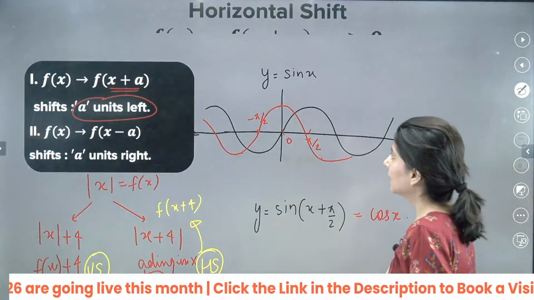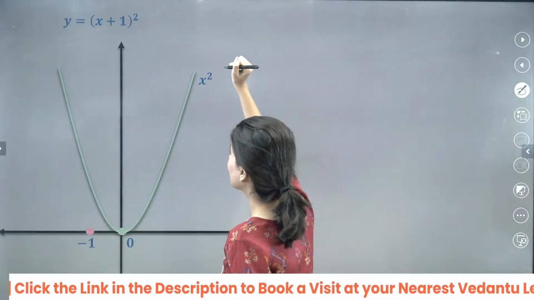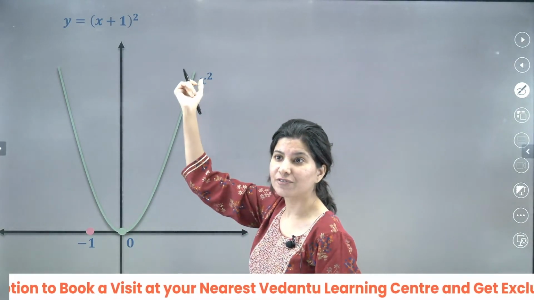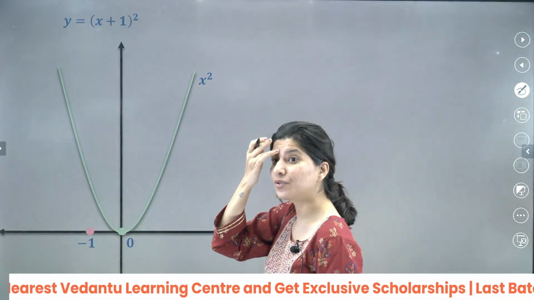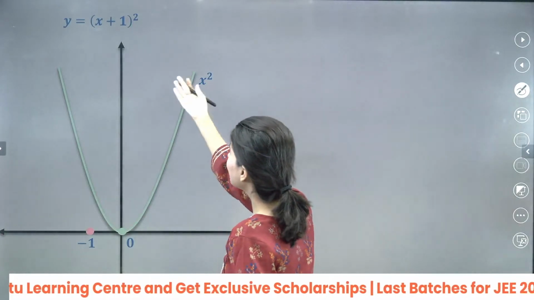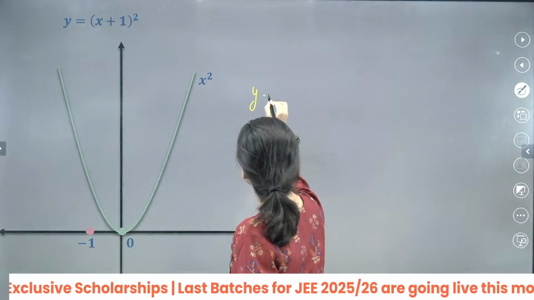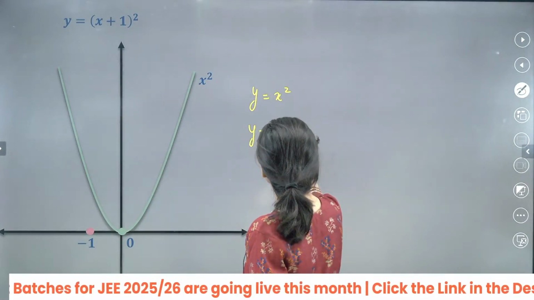Now how will you plot x plus 1 whole square? Vertical shift or horizontal shift? Who is going to tell me? First of all, we need to plot y equals x plus 1 whole square. We have y equals x square.